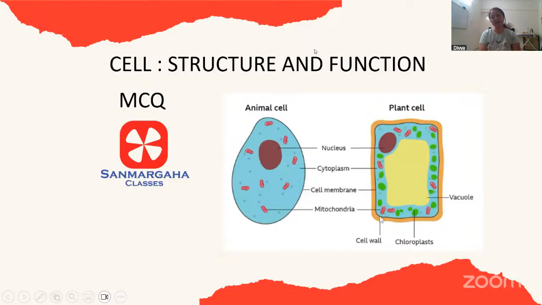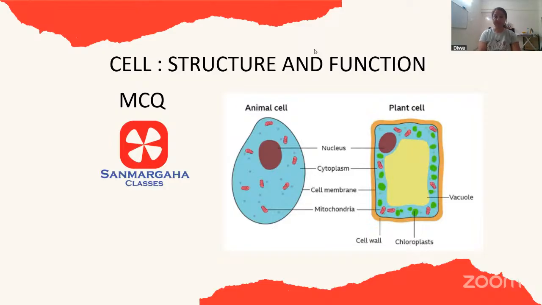Along with that, you have cell wall and chloroplast. Even vacuole is present in plant cell and animal cell. Vacuole is small in animal cell, big in plant cell. Okay. And animal cells are irregular structures, whereas plant cell is rectangular in shape.